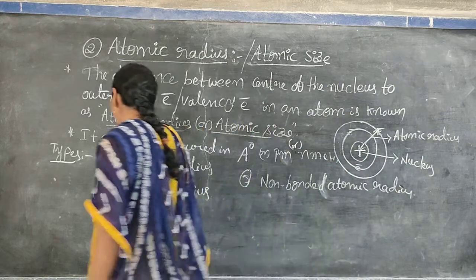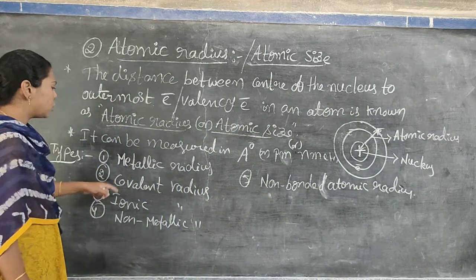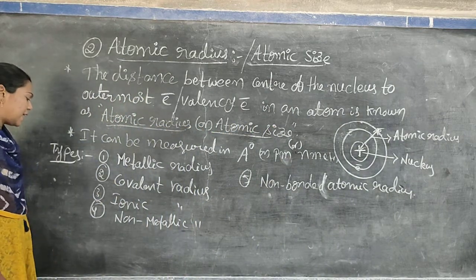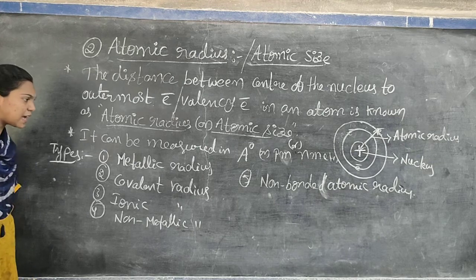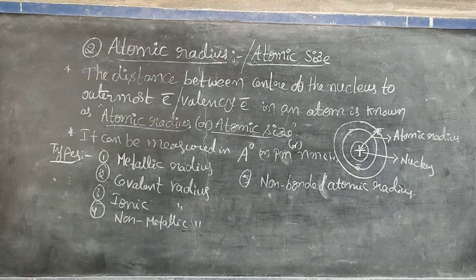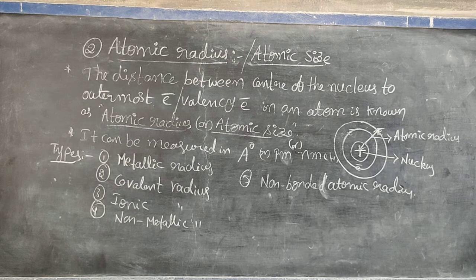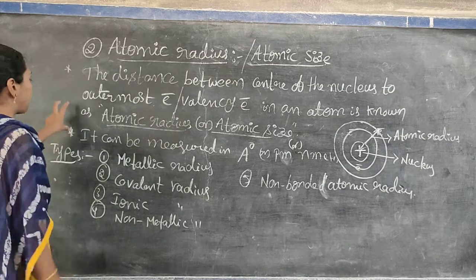These are the five types: one is metallic radius, two is covalent radius, three is ionic radius, four is non-metallic radius, and five is non-bonded atomic radius.